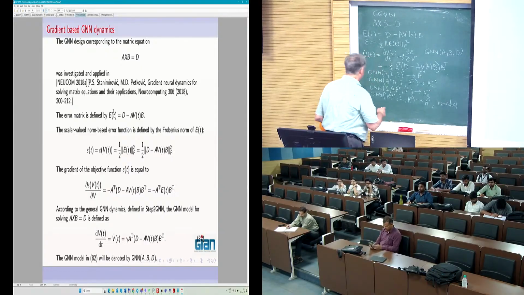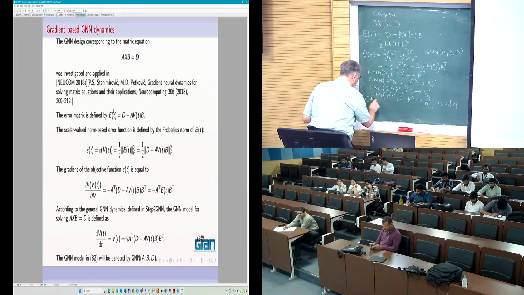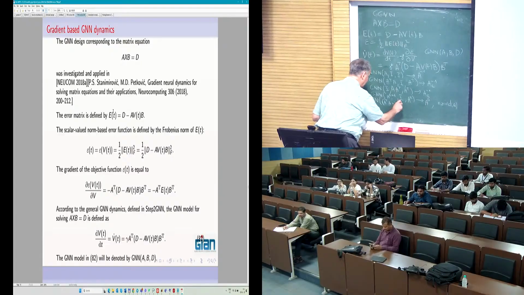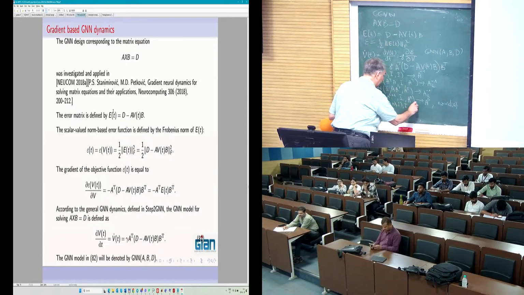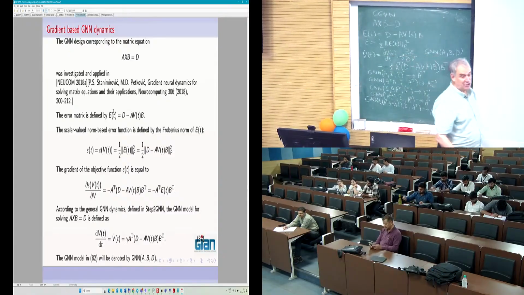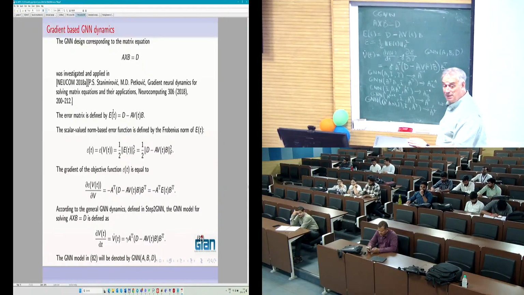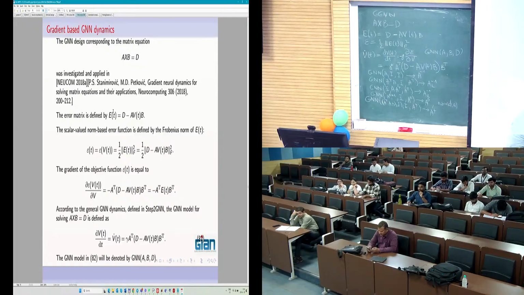No. GNN of arbitrary from here, A transpose A plus lambda I, A transpose will give the Moore-Penrose inverse of a rank deficient matrix. A rank deficient matrix is a matrix whose rank is smaller than the dimensions of the matrix, than the minimum of m and n, the dimensions of the matrix.